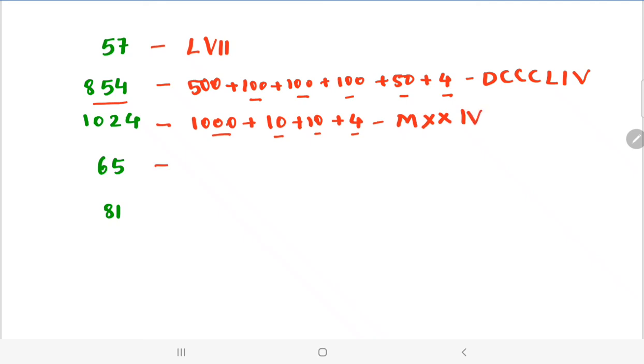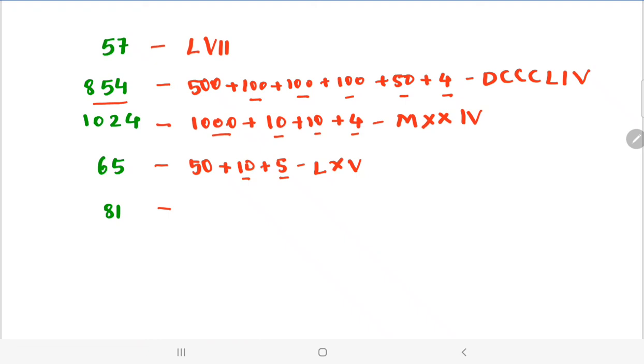So students, we can write 65 as 50 plus 10 plus 5. 50 means L, 10 means X, 5 means V. So this is how we will write 65 in Roman numbers.